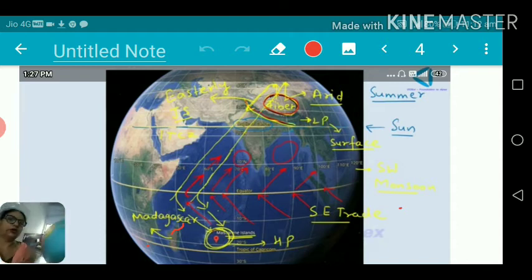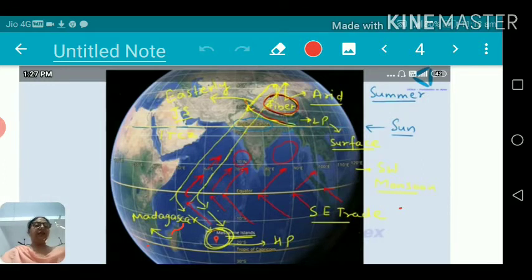Like this is India, and when these winds blow from India to its uppermost part, then with the pressure, winds always come from higher pressure to lower pressure.